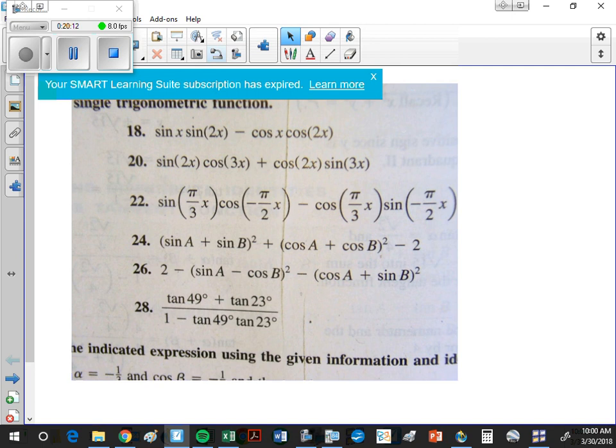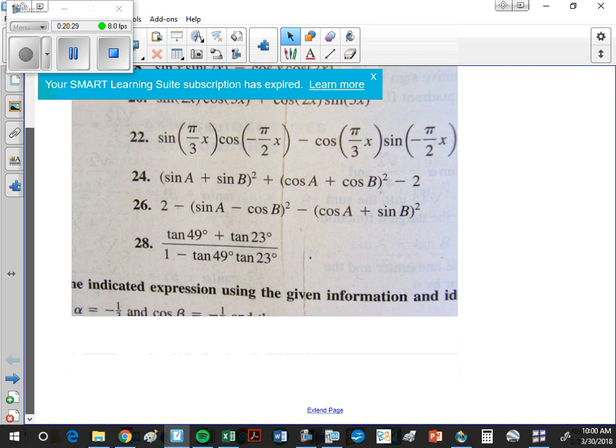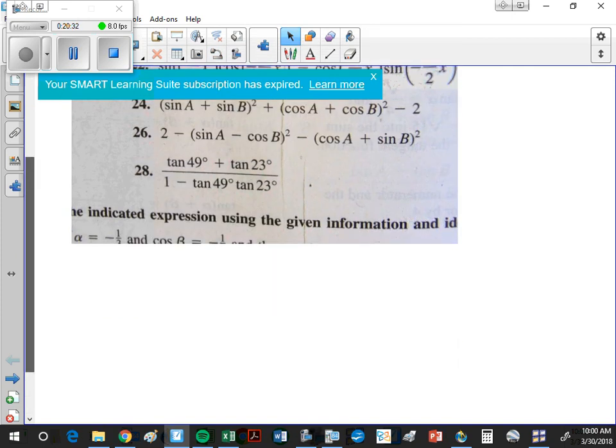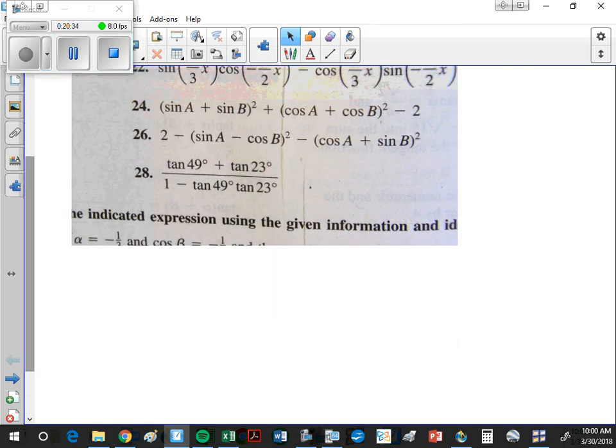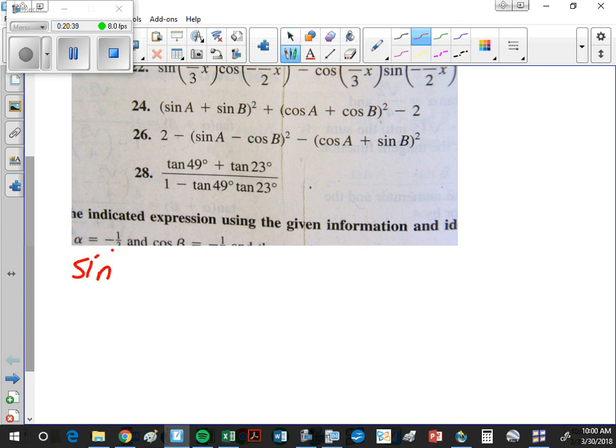24. 24 we're going to need to simplify. Yep, they're squared. So what is sine A plus sine B squared?